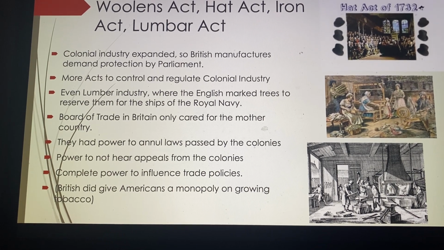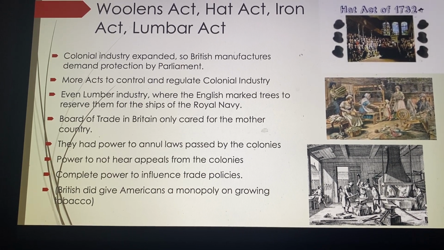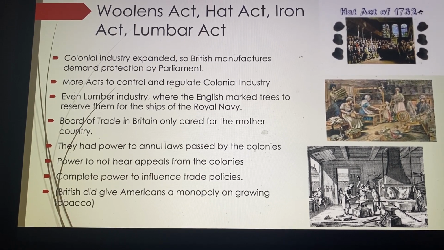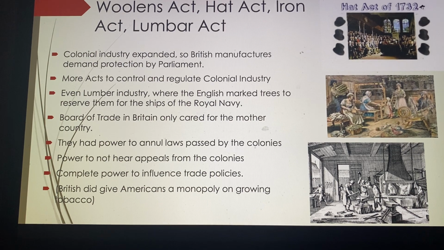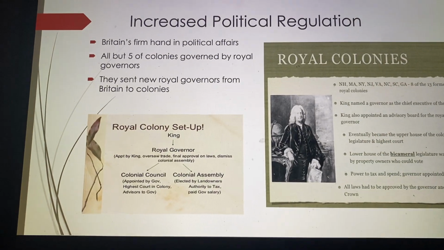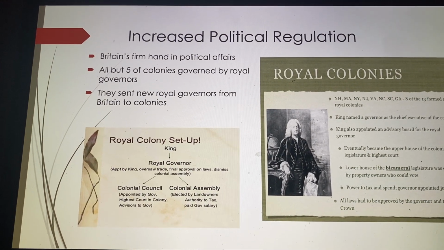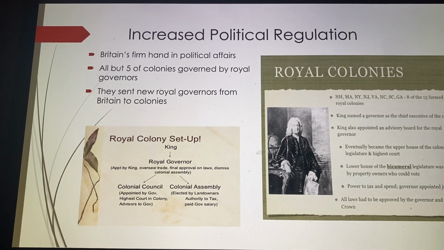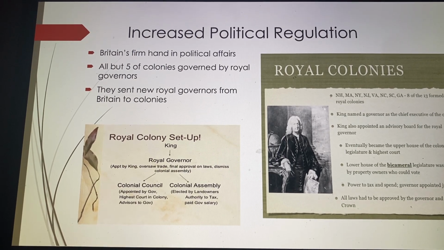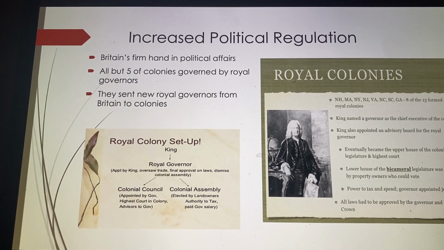And basically, the tax was put on many of these objects and different needs. We'll find it goes further than that. Increased political regulation: Britain's firm hand was in political affairs. All but 5 of the colonies were governed by royal governors.